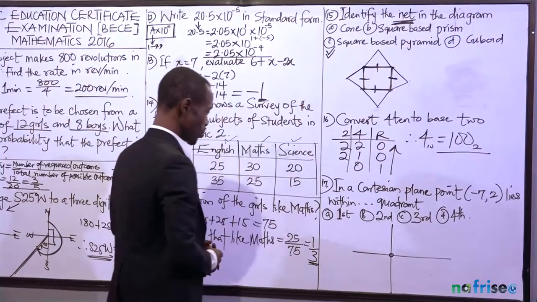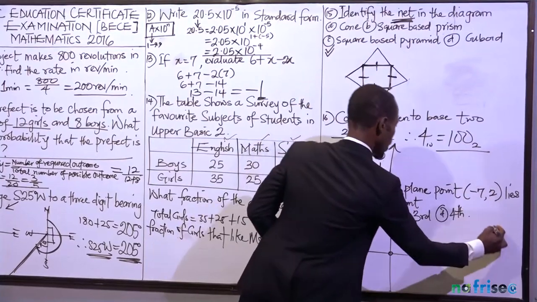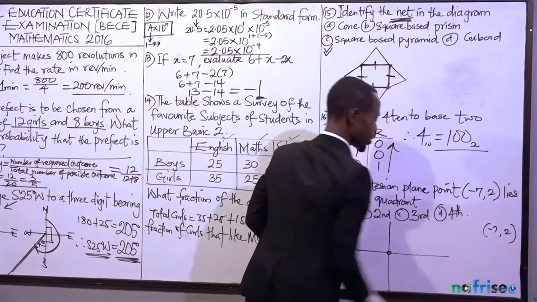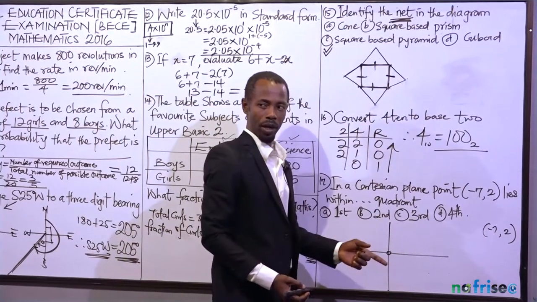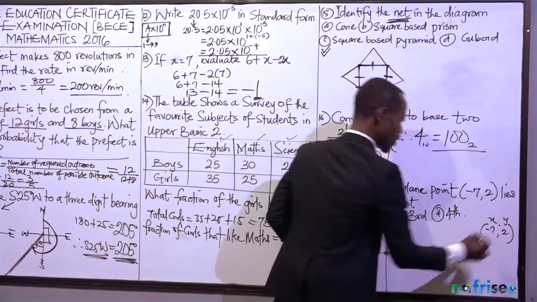So if I have (-7, 2), I know that this is a coordinate, an ordered pair. Since it's a coordinate, this is x and this is y. The first one is always x.